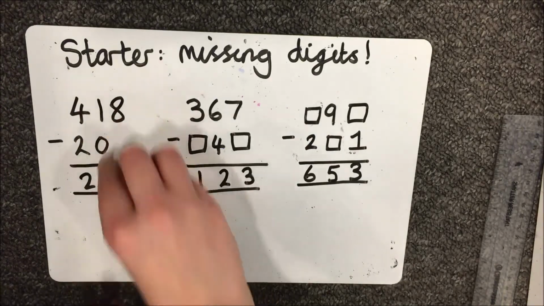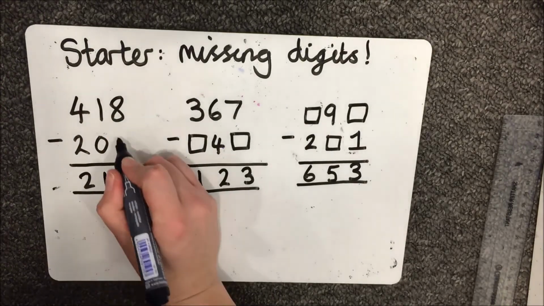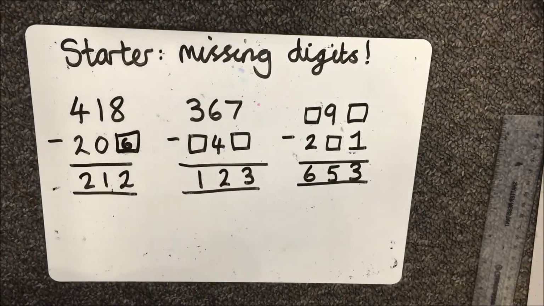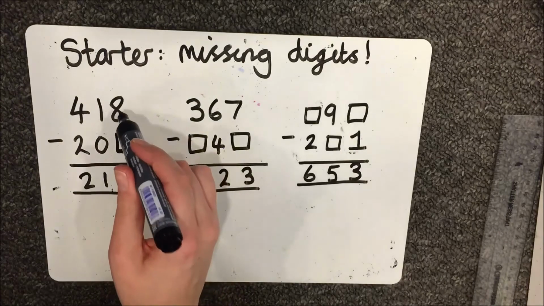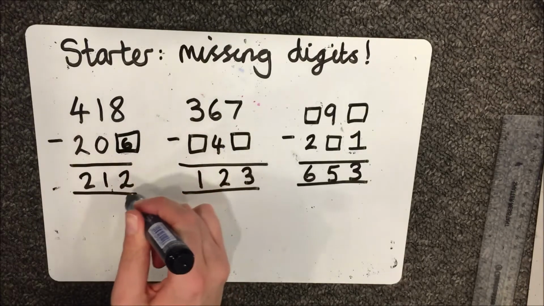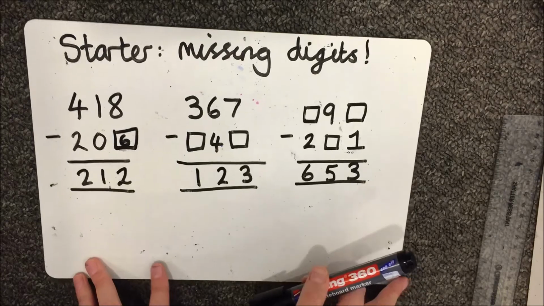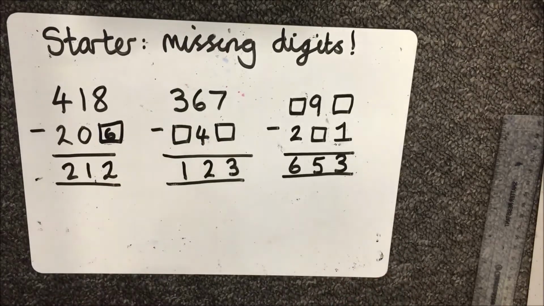So 8, I'm going to make this box a little bit bigger. Take away 6 is the same as 2. So we need to count back from this number to get to our answer to work out how many we took away. Let's go on to our next one.